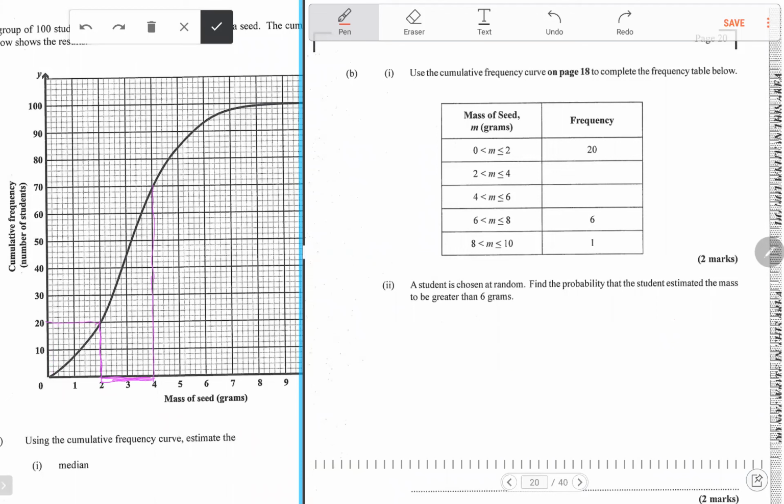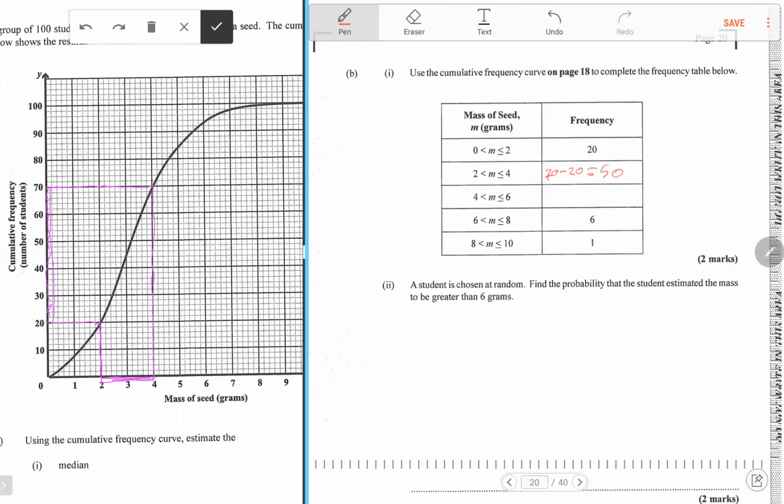So all of these persons between 2 and 4, that is 70 minus 20. 70 minus 20 is 50. 50 students in that block between 2 and 4.